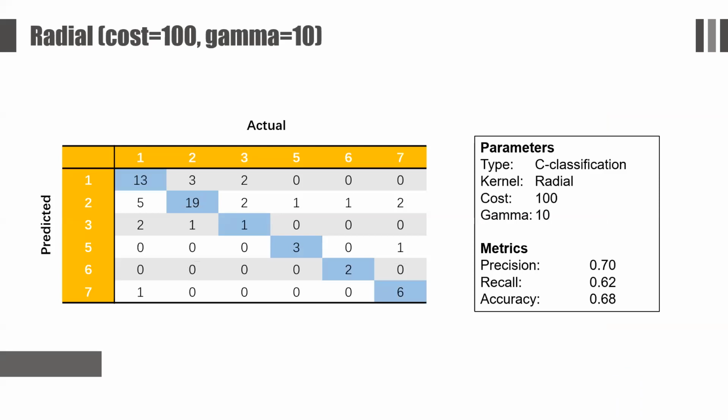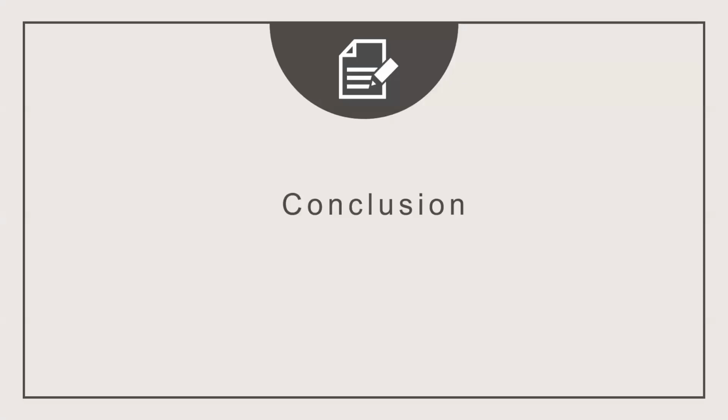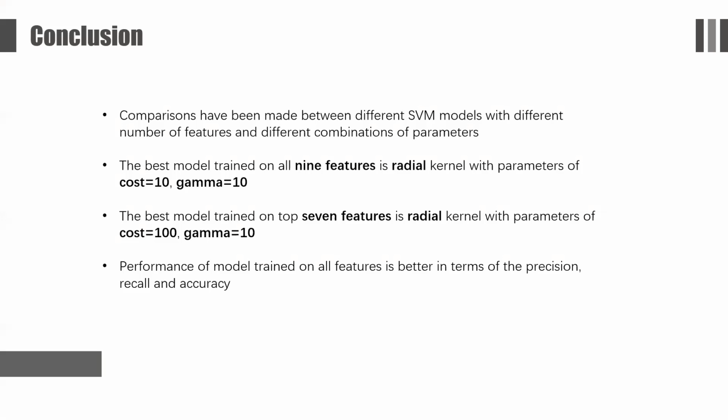This confusion matrix shows the model trained on the top 7 significant variables. As we can see, the diagonals are the correct predictions. Comparisons have been made between different SVM models with different numbers of features and different combinations of parameters.